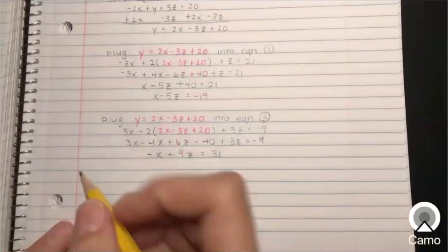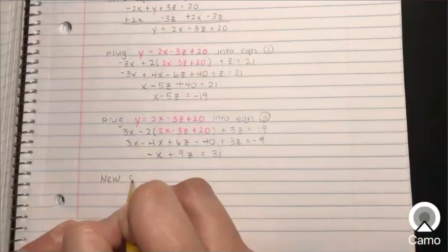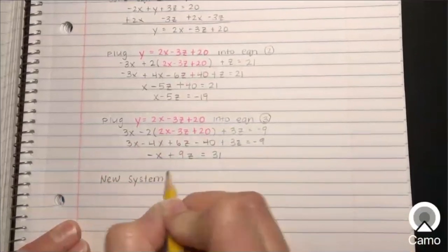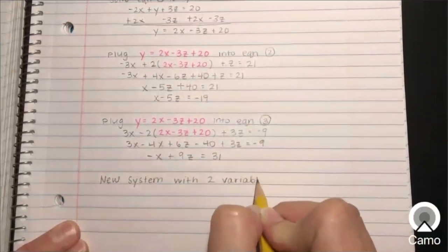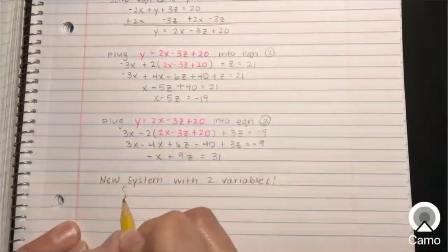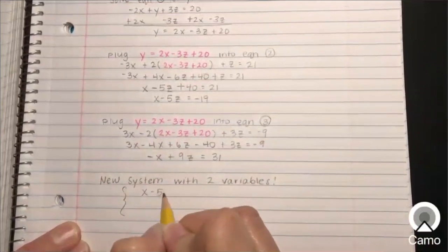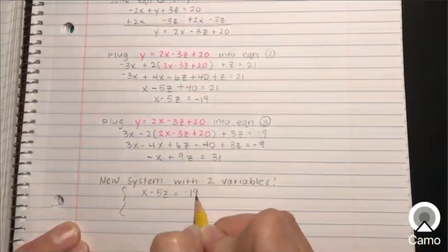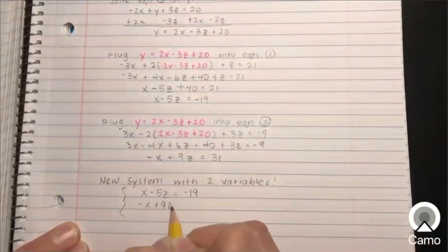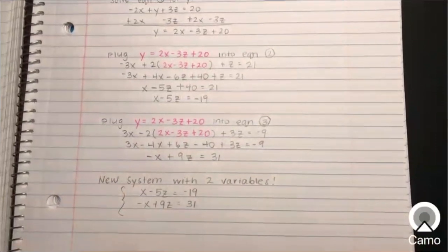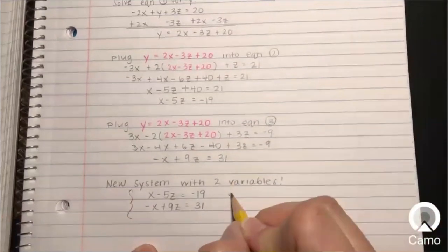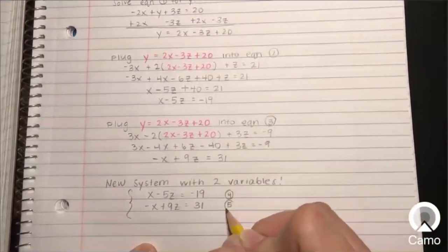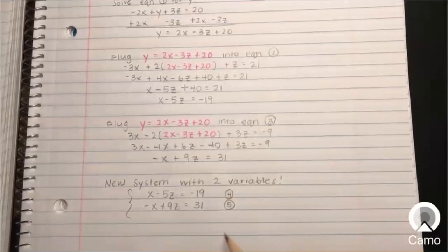We'll say we have a new system with 2 variables: x minus 5z equals negative 19, and negative x plus 9z equals 31. I can call this equation 4 and this equation 5, and again, that helps me to talk about my equations and reference them.